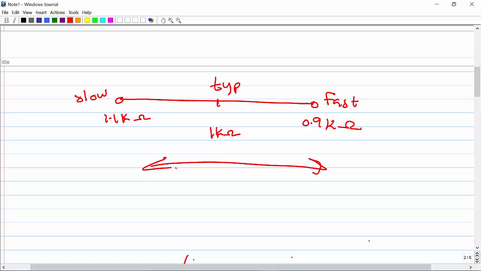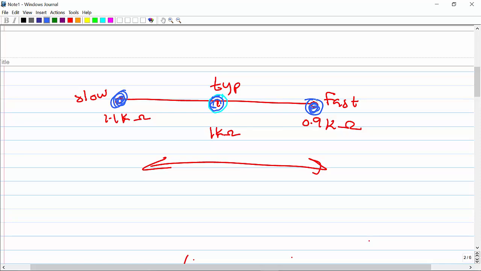The process corner analysis enables us to simulate here, here, and here. So when we make a resistor in an IC, we can say how it will behave at each of these points.